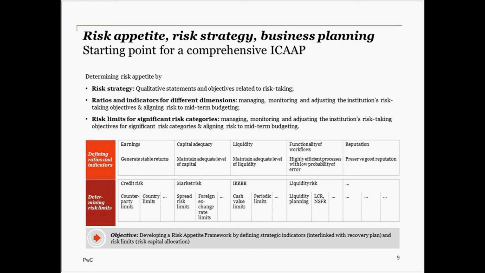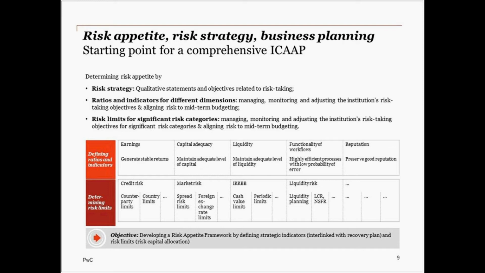And if you will, risk appetite is the starting point for a comprehensive ICAAP. Risk appetite is aligning risk to strategy, to the strategic goals of the bank, to capital and budget planning.